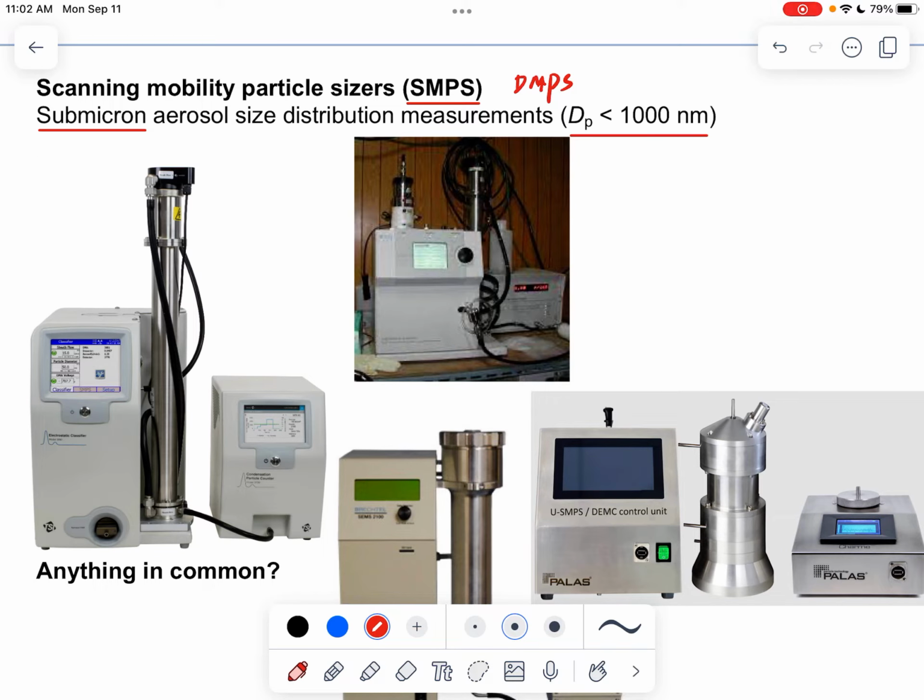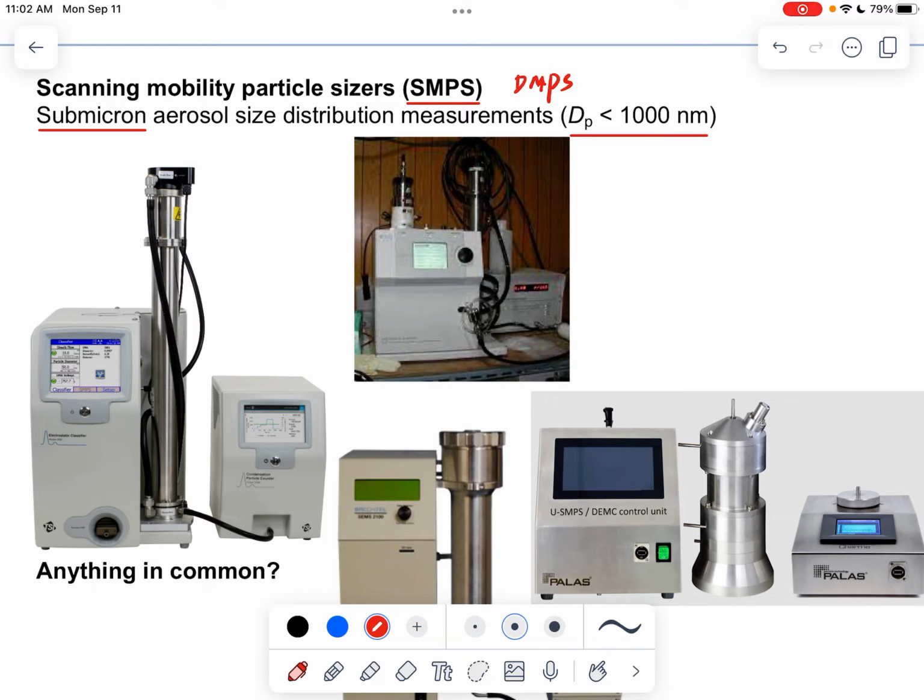You can see that there's always something like a cylinder sitting in between two instruments, right? And you also have a box on the left and a box on the right. This one might look familiar to you, right? This is a CPC. This counts the aerosol number concentration.